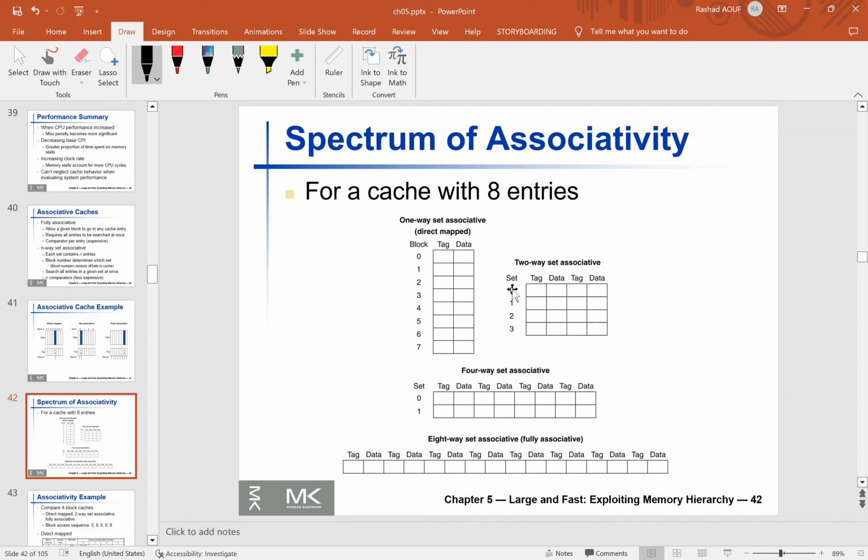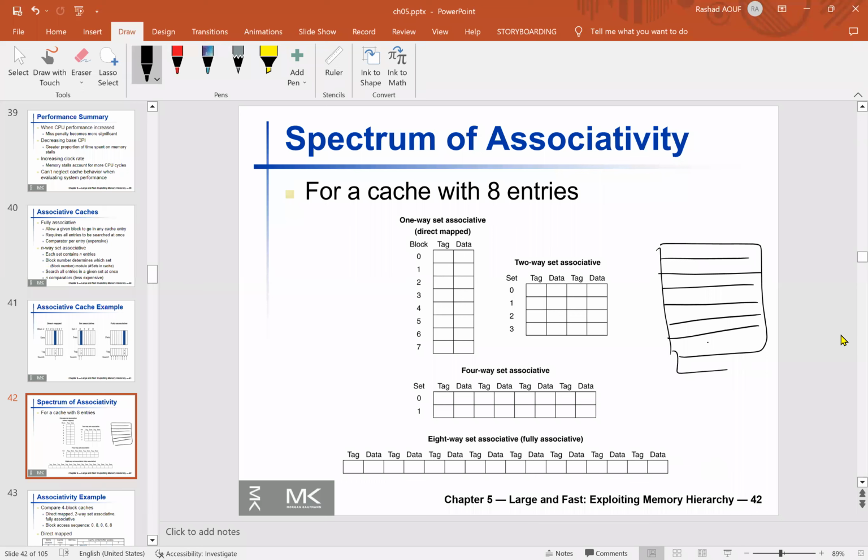Set 1, tag, data. Here I had put them in a row, like this: 1 2 3 4 5 6 7 8, each 2 in one set. Then 2 blocks I put in a column, and each set has 2 entries.